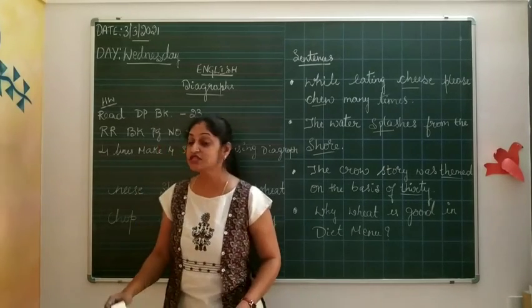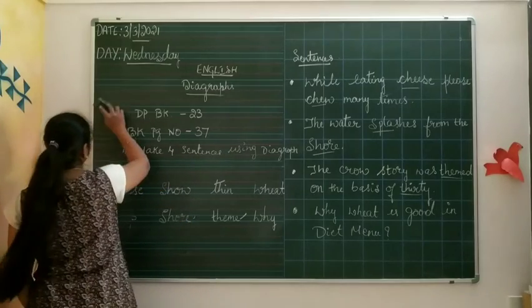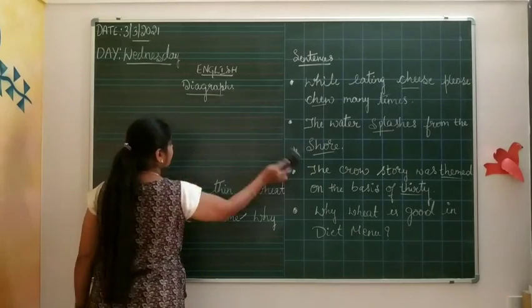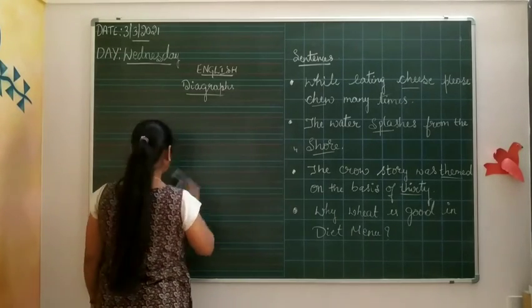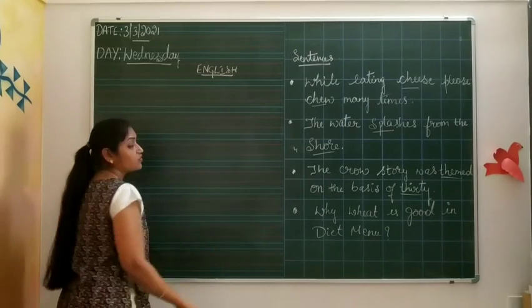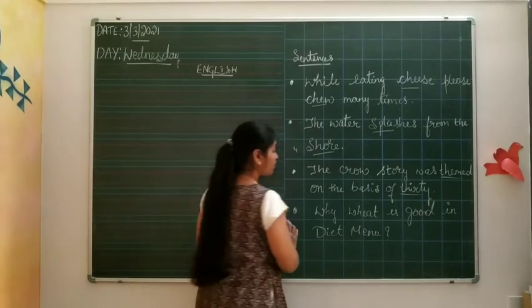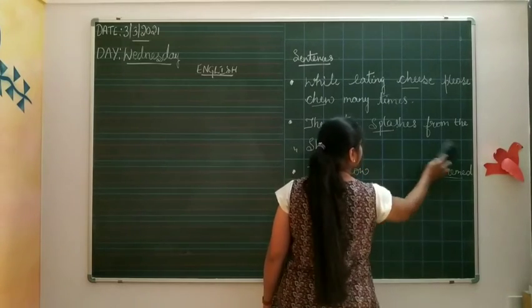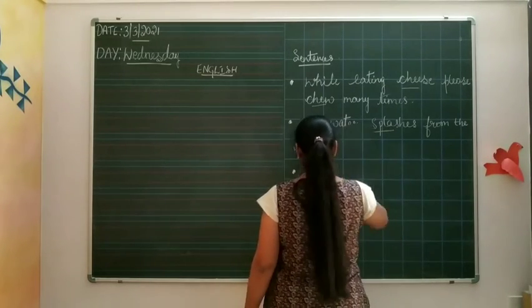Okay. Before closing, we will go to the next part in English. See, the first part I taught you was the letters, that is cursive writing. The second part we learned the digraphs. The third part we are moving to is our sight words. What is a sight word, children?